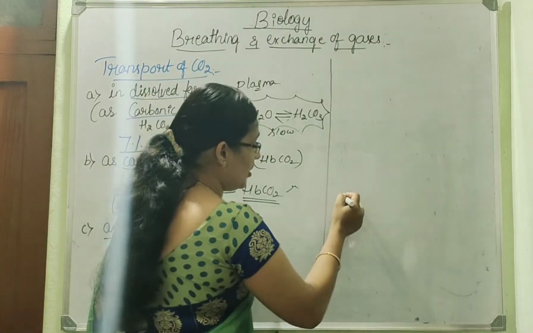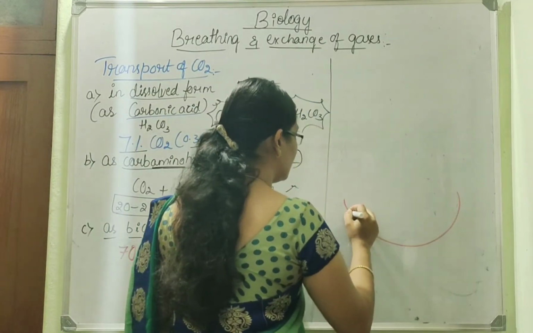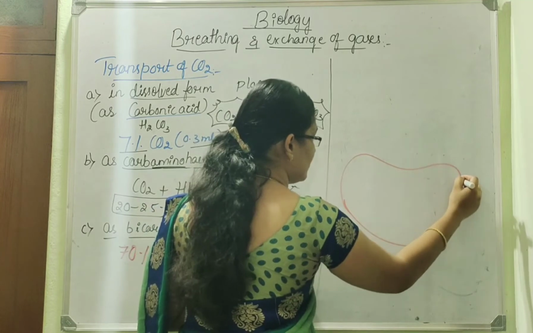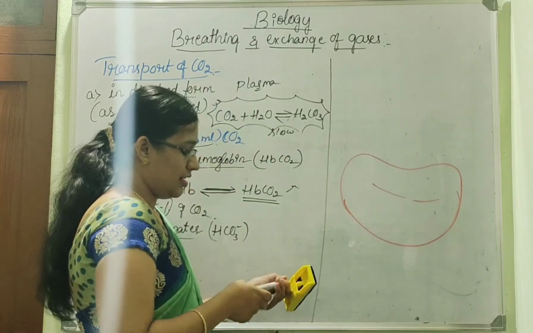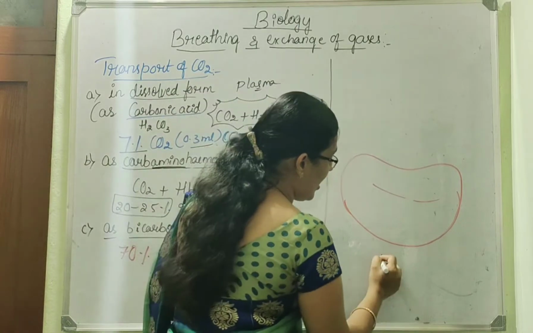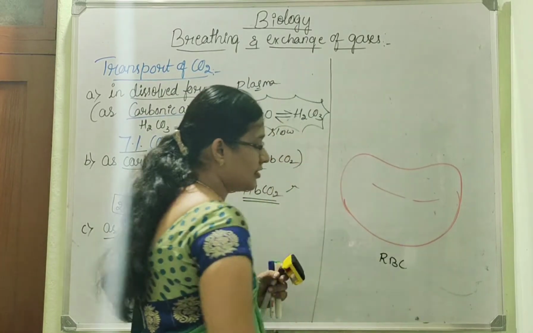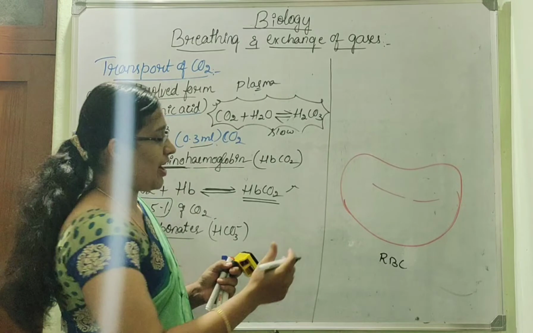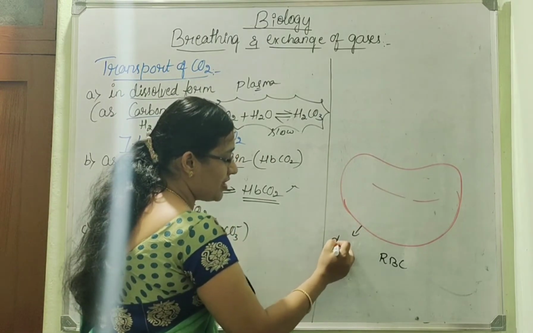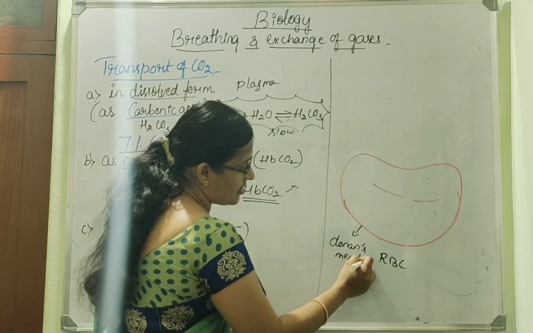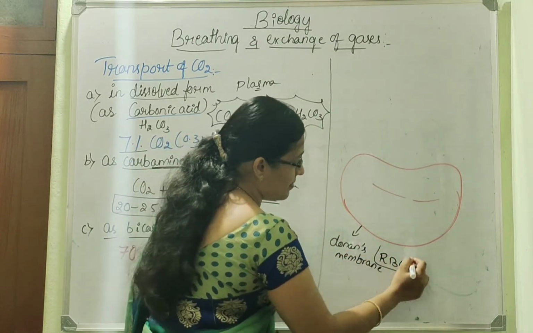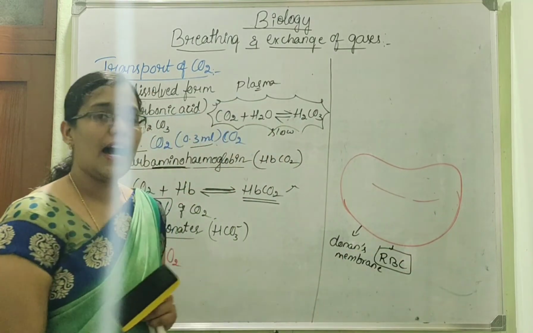You will come to know now. This is nothing but an RBC, and the membrane of RBC is called Donnan's membrane.